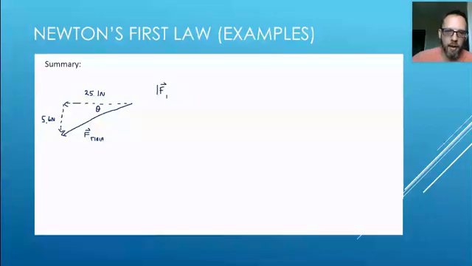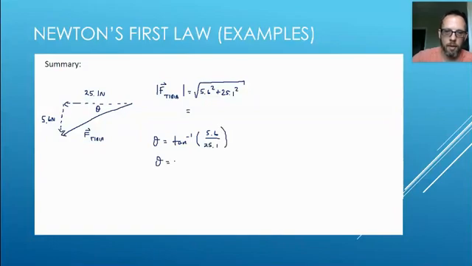So the size of that tibia force will be the root of 5.6 squared plus 25.1 squared. And the angle of that tibia force will be using tan, and it'll be the opposite, 5.6, divided by the adjacent, 25.1. So let's get those two values and wrap up the problem. So 5.6 squared plus 25.1 squared. Don't forget the square root.